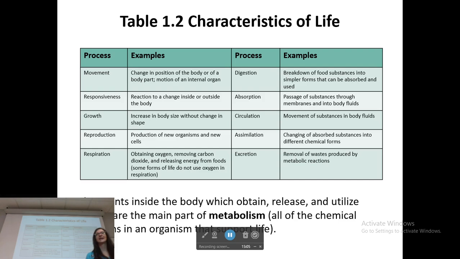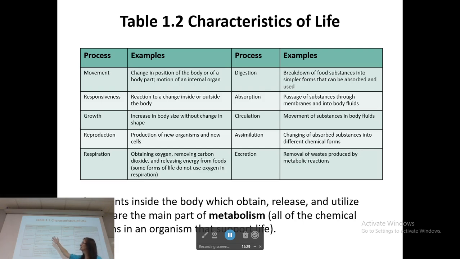You remember studying the kingdoms? Are we plants, animals, fungi, bacteria, protists? We're animals, right? Okay. So we're in kingdom Animalia.